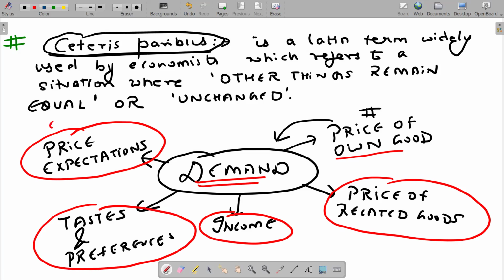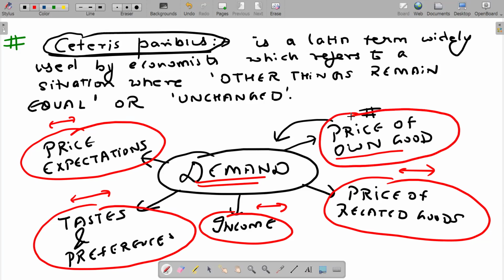So this is constant, this is constant. That is where the law of demand comes. Ceteris paribus, keeping all of the factors constant, when price of the own good increases, it becomes expensive, I demand less of it. When price goes up, demand goes down, keeping all other factors constant. So ceteris paribus is the assumption of keeping all of the factors constant.